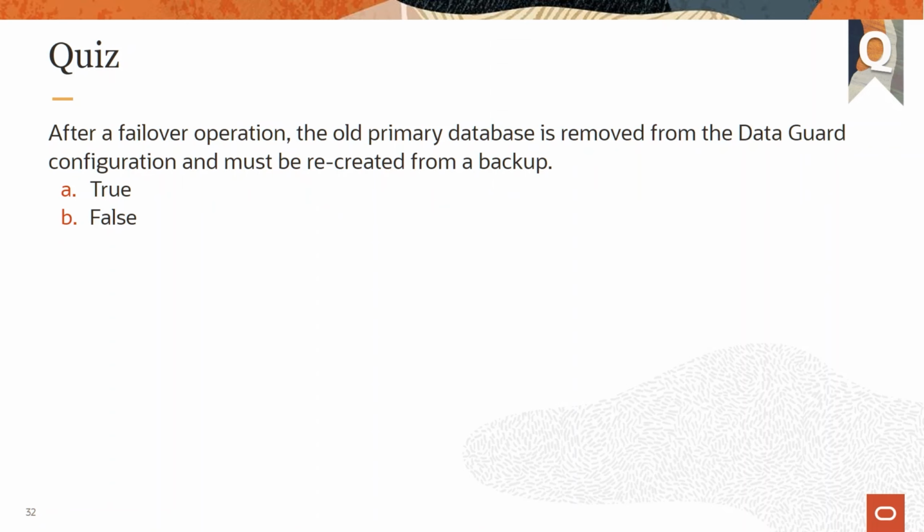No, it will be disabled; however, it is not removed. So we can simply reinstate the old primary database as a new physical standby database. That's it. We can easily resynchronize the original primary database as a new physical standby database.